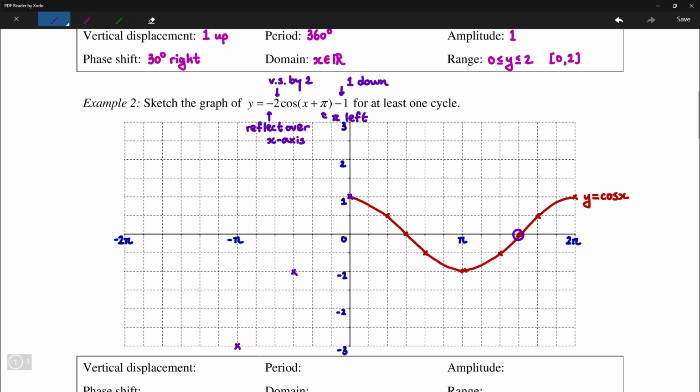Again, the reflection and the vertical stretch will not change the point. The translation horizontally will, and also the vertical translation down 1 space. So it's going to end up here. And finally, the last point at 2 pi: reflected, vertically stretched, moved left by pi, and then down 1 space. It's going to end up here.